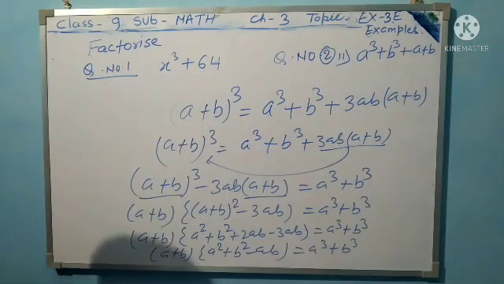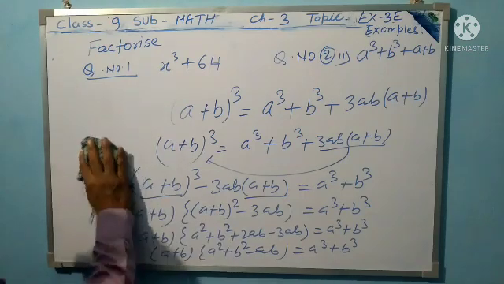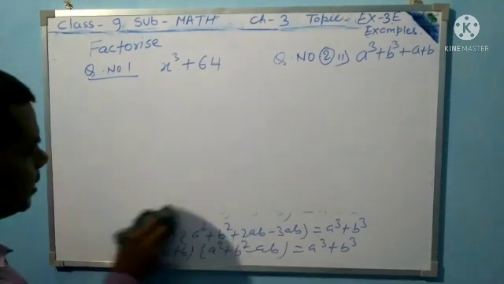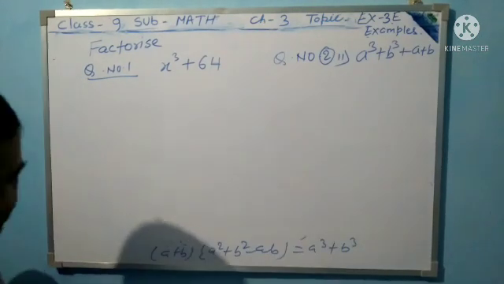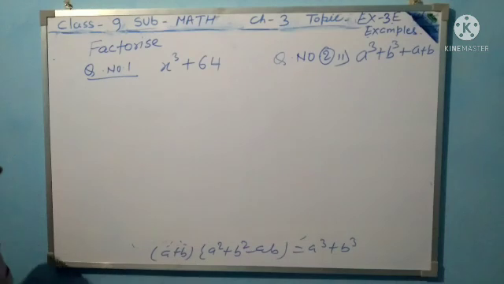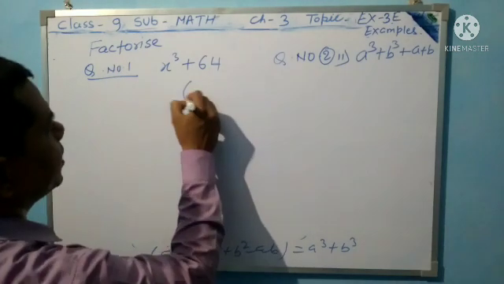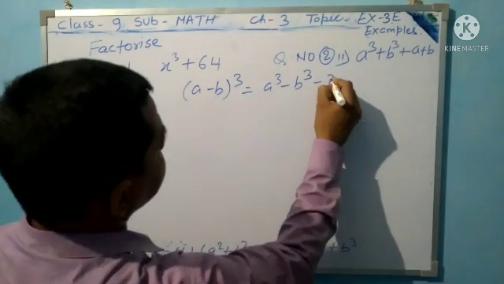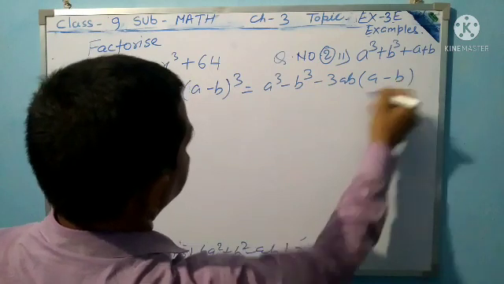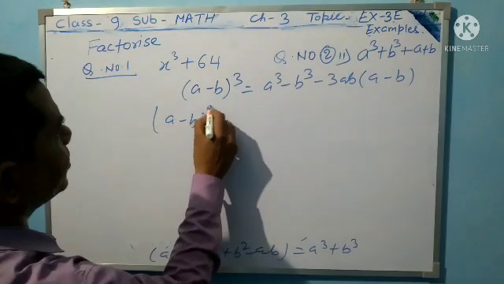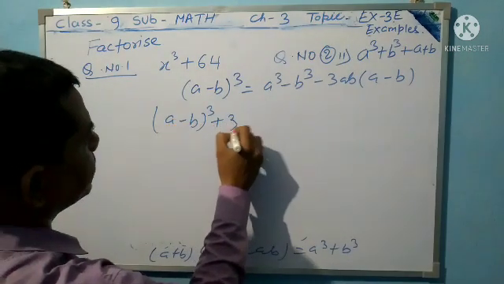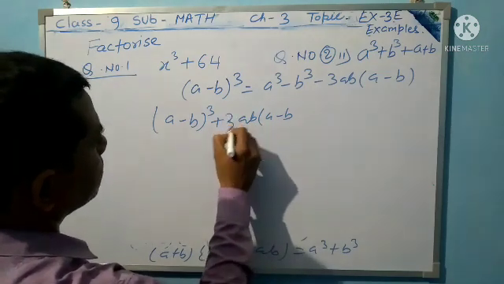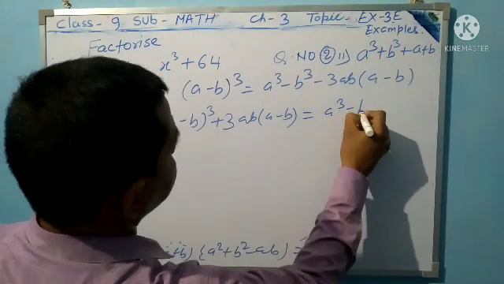Now similarly solve the other identity, that is (a minus b) cube. (a minus b) whole cube is a cube minus b cube minus 3ab (a minus b). Taking that term to this side, 3ab (a minus b) plus (a minus b) whole cube is equal to a cube minus b cube.